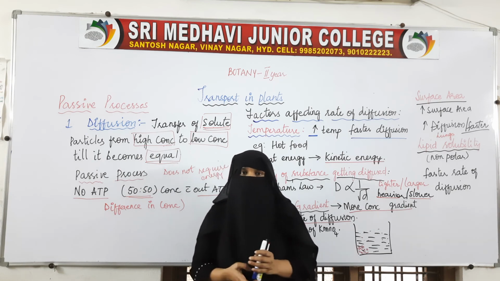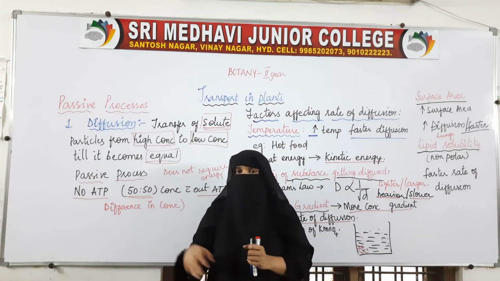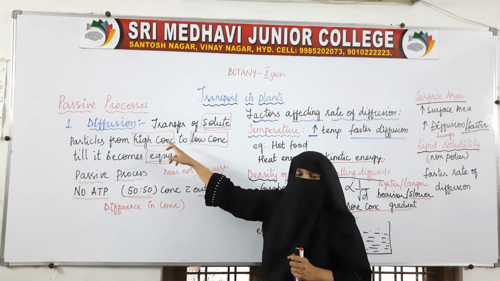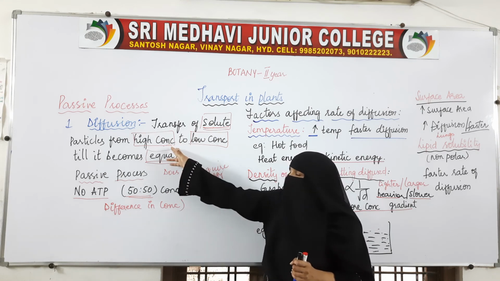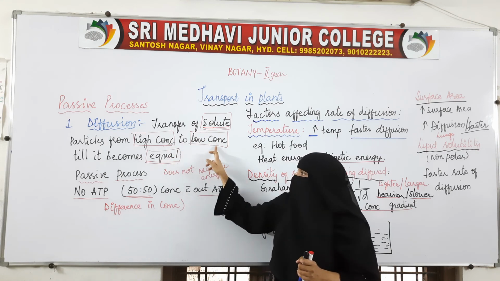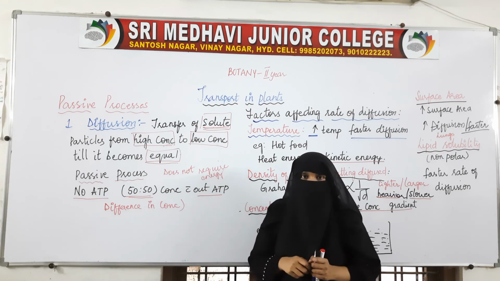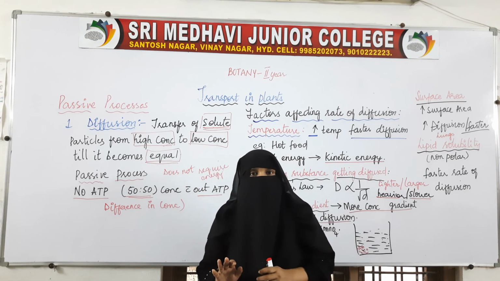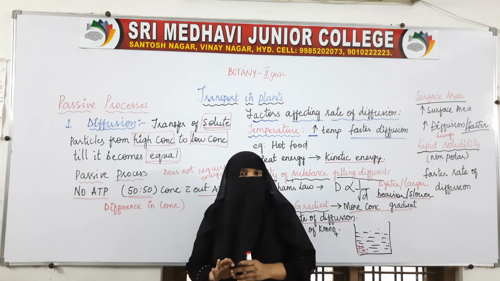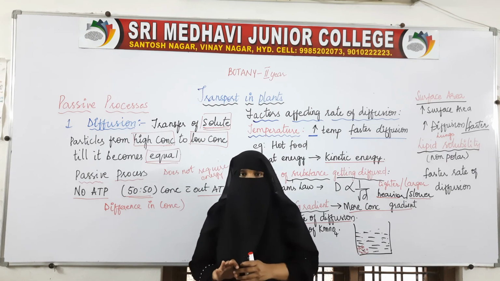So with this we have finished diffusion. Diffusion is a process in which transfer of solute particles takes place from high concentration to low concentration till it becomes equal, without expenditure of energy. No ATP is required.